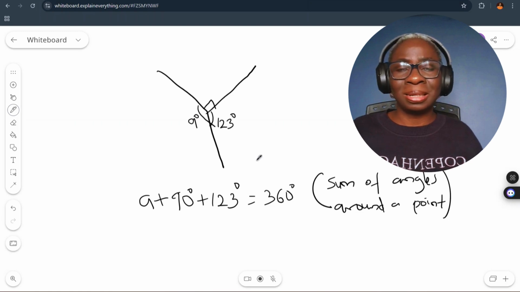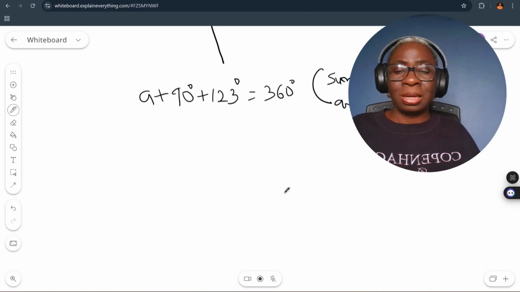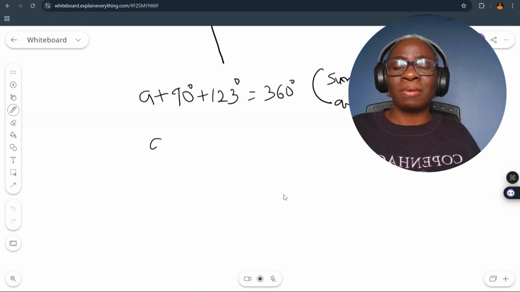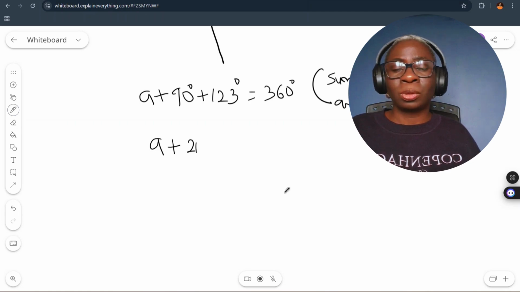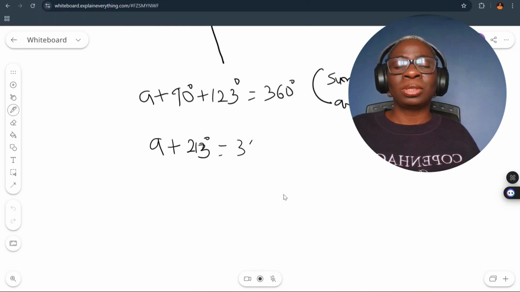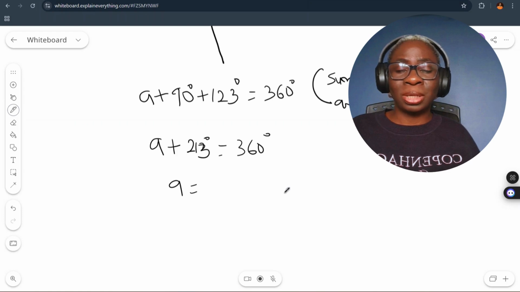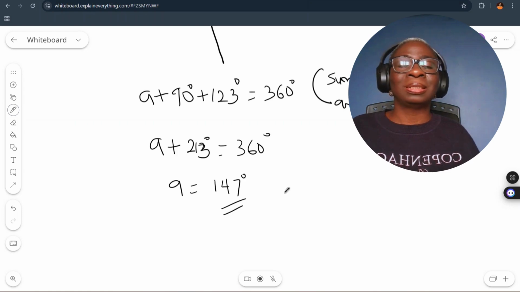That is what is required of you. Then you simplify so that we have A plus 213 equal to 360, and A will be equal to 360 minus 213, and that will give 147 degrees. And that is it.